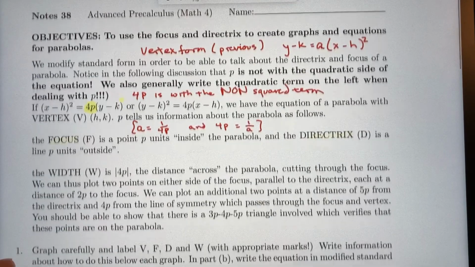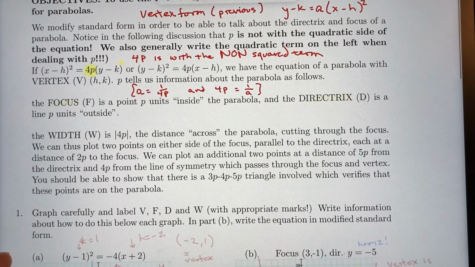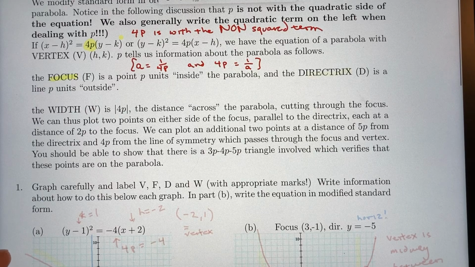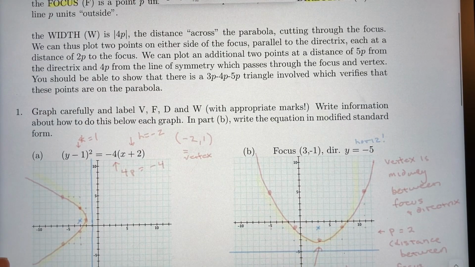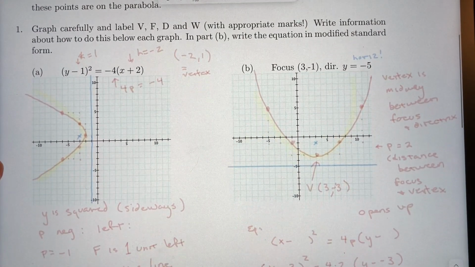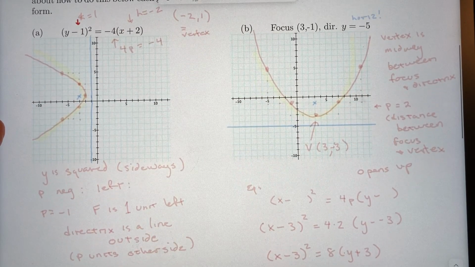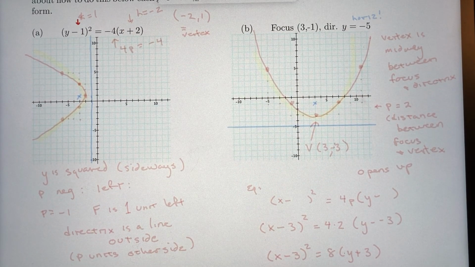The two things that you need to remember about drawing these are what the focus is and what the directrix is. The directrix is a line outside the parabola, and the focus is a point inside the parabola. So let's take a look at this first parabola. k is 1, and h is -2, and 4p is -4.